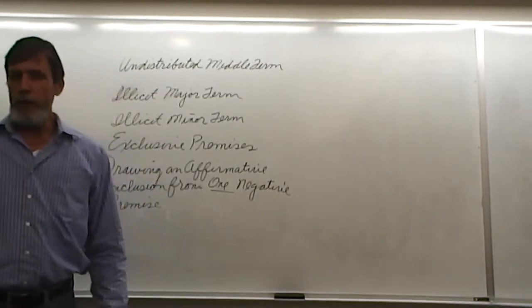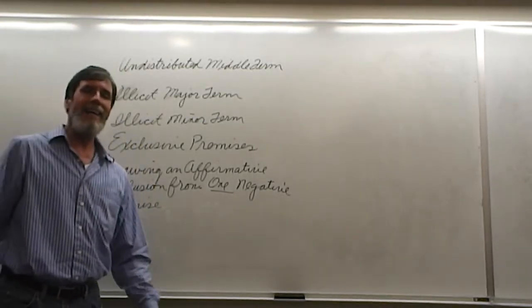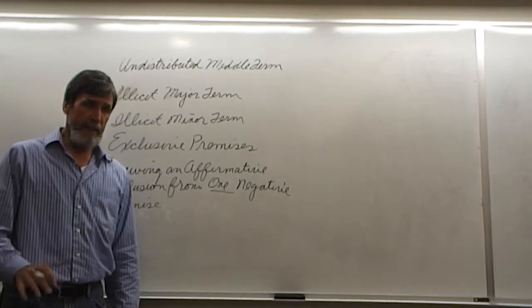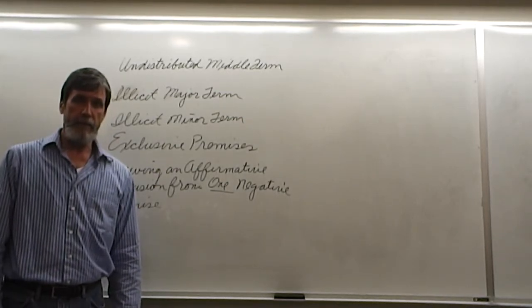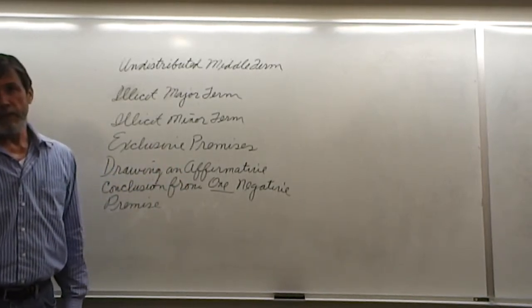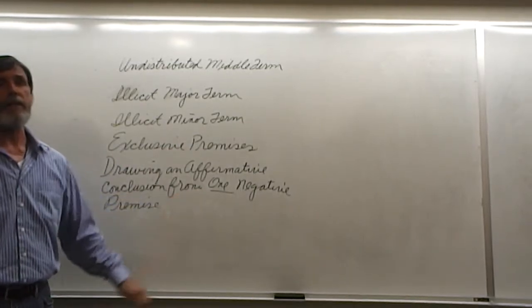Drawing an affirmative conclusion from one negative premise. Most of the books say a negative premise. I like to emphasize that in this case there's only one of them that's negative. That's to distinguish it from exclusive premises. See, if they're both negative, it's that fallacy, not this one.